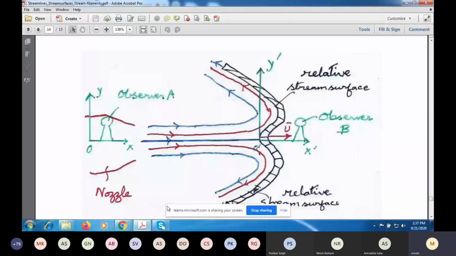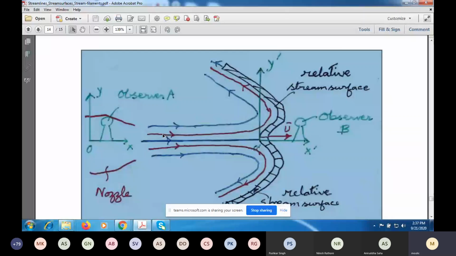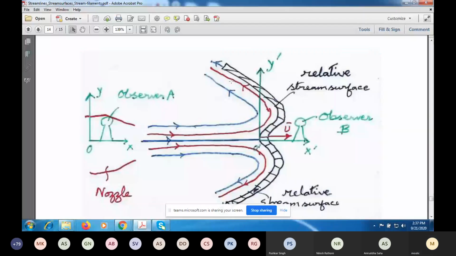Here, this red streamline. So these are all relative streamlines. It will go towards the right, it will turn. So there's some curvature here, and it will go this way and out. Okay. And similarly, if you look at the red streamline at the top, it will be deflected along a curved path and it will go out. Okay. But if you look at the central streamline, it will move in the horizontal direction. We are neglecting the gravitational deflection, and it will strike the point O prime over here.